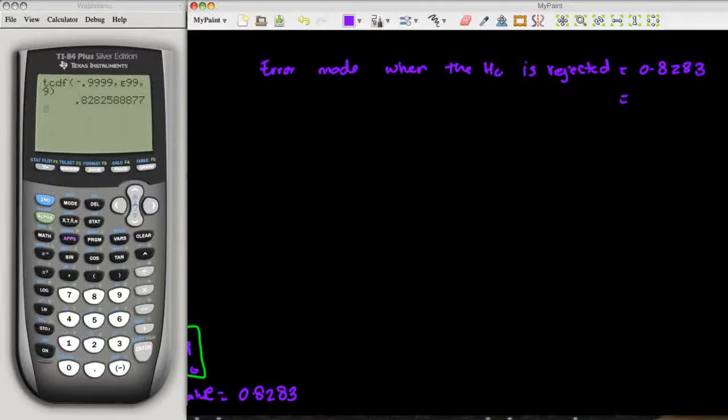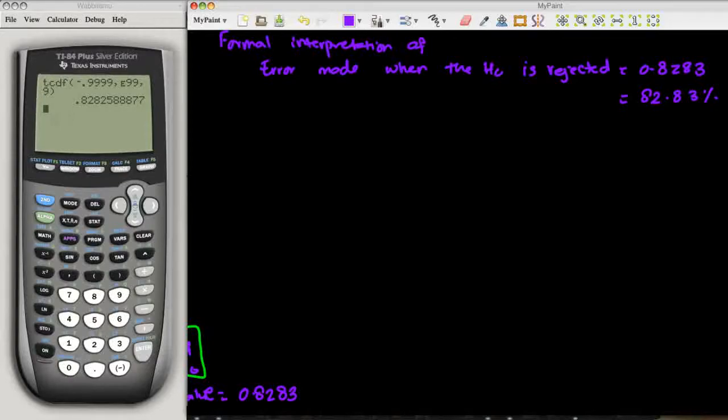So hypothetically speaking, if I've rejected the null, there is an 82.83% chance of an error that I'll be making, which is a huge amount of error. So you should not be rejecting the null, so we fail to reject the null. So this is the formal interpretation of p-value.